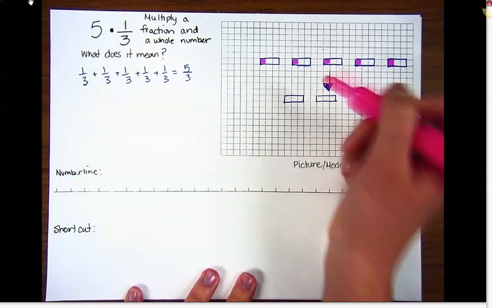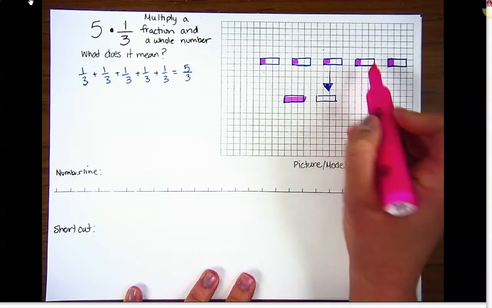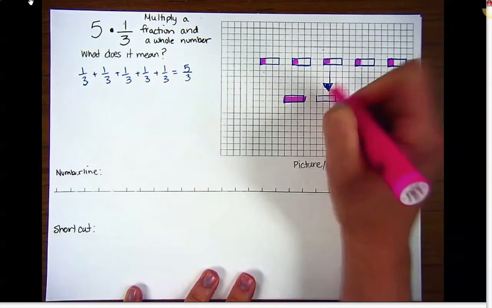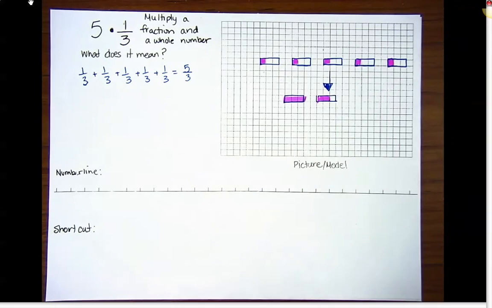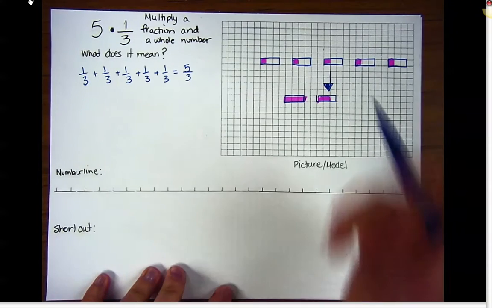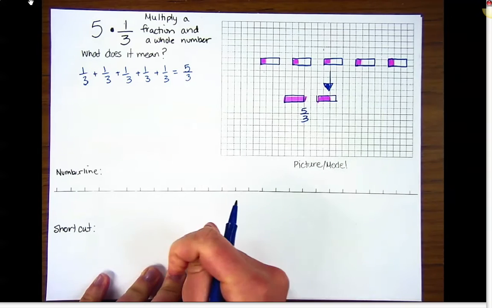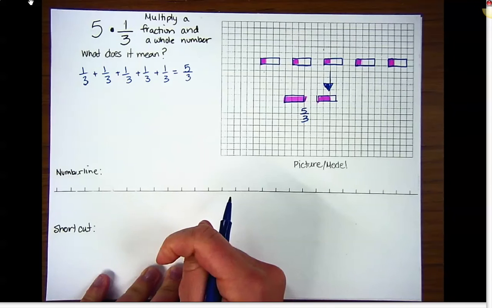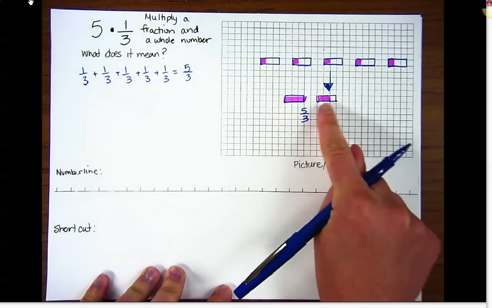These 3 are going to make 1 whole, so I'm going to color that one in. And then I have 2 left over, so I'm going to color in 2 out of the 3 on the second one. I still have the 5/3 that I already discovered up here, but I can also see that as a mixed number, I have 1 whole and 2/3.